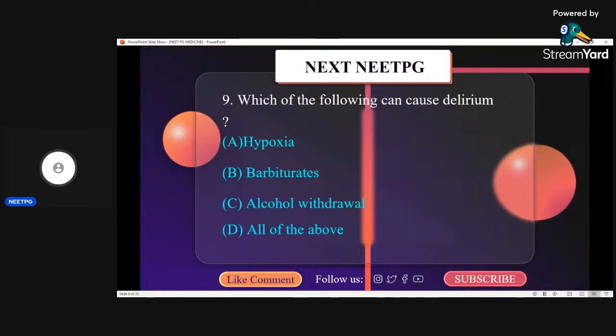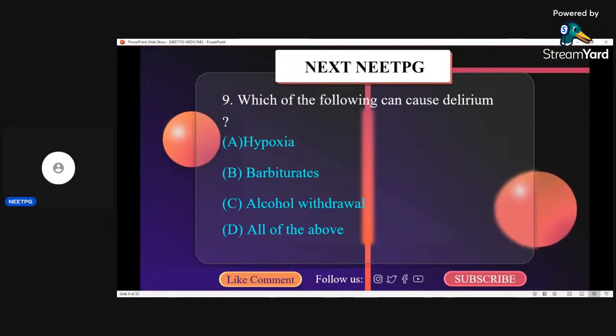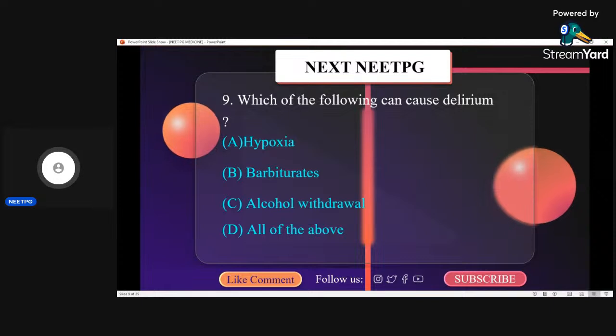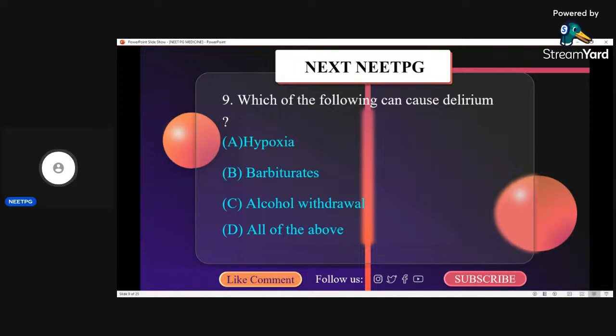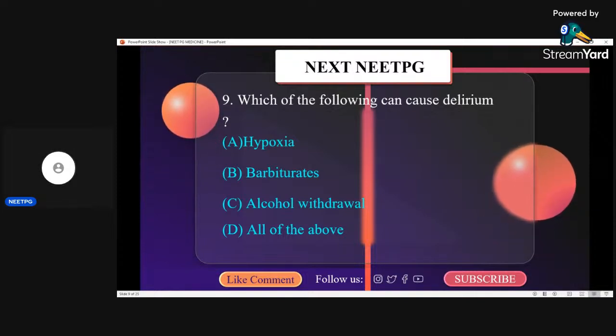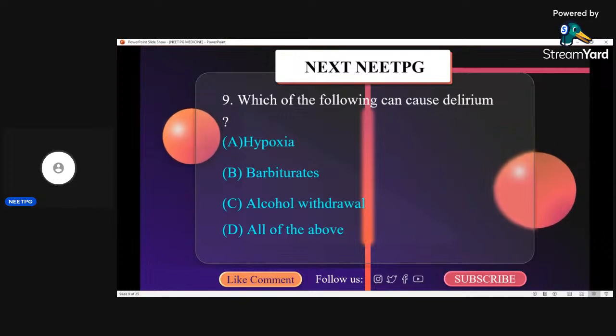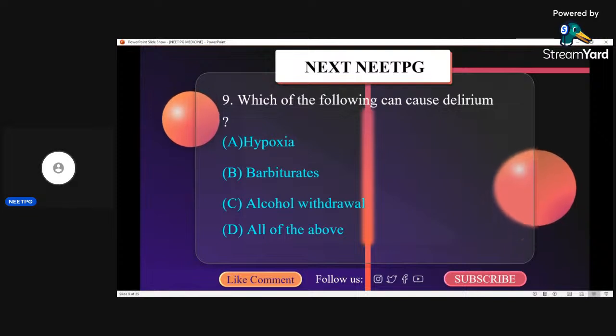Drug intoxication: alcohol, barbiturate, tricyclic antidepressants, anticholinergic, anticonvulsant. Drug withdrawal, that is alcohol withdrawal, delirium tremens, sedatives, hypnotics. Nutritional deficiency: vitamin, thiamine, pyridoxine, niacin. Then others are post-operative seizures, sleep deprivation. Whenever there is sleep deprivation, it can cause delirium.